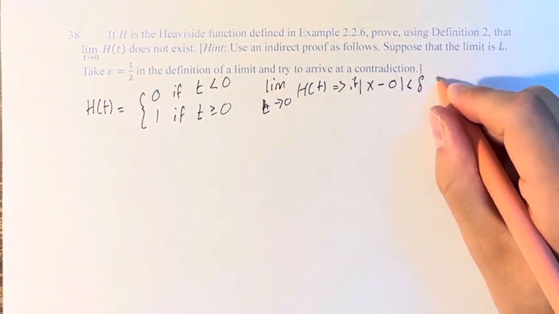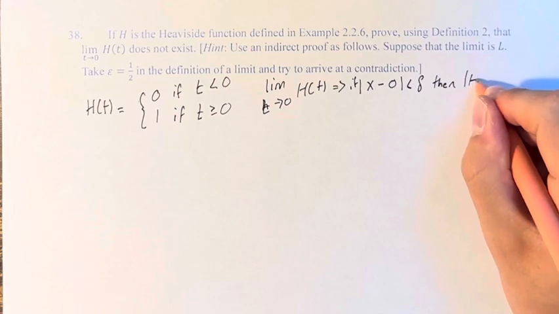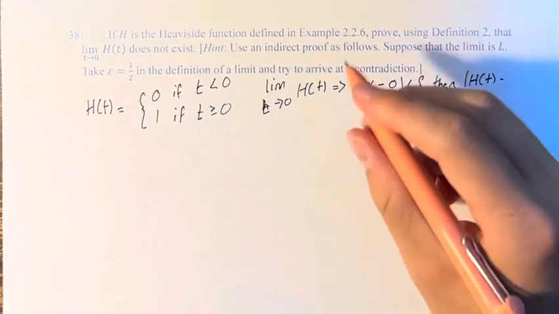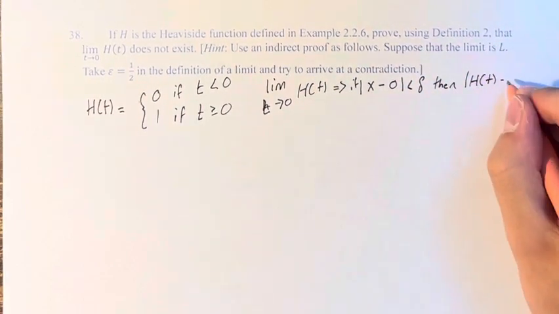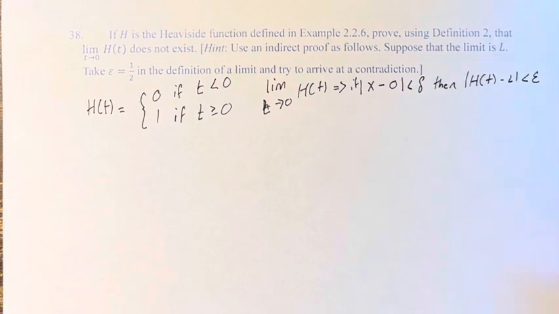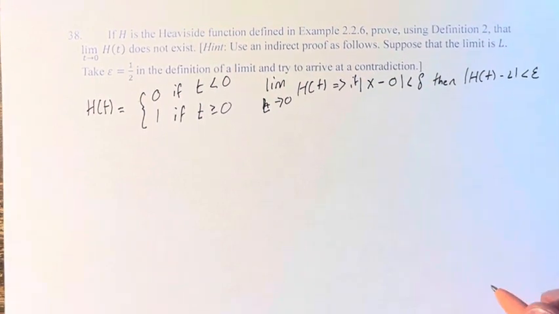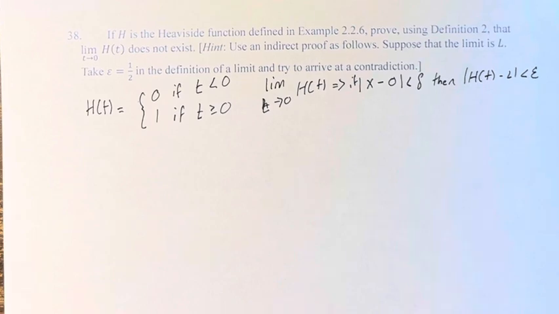If this is true, then the absolute value of h of t minus the value of the limit, which we're calling L here, is less than epsilon, right? And the idea behind this is basically for any epsilon we choose, there's a delta for which both of these inequalities are true.